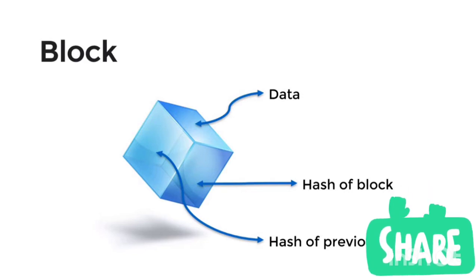So in other words, hashes are very useful when you want to detect changes to blocks. If the fingerprint of a block changes, it is no longer the same block. The third element inside each block is the hash of the previous block. This effectively creates the chain of blocks, and it's this technique that makes blockchain so secure.